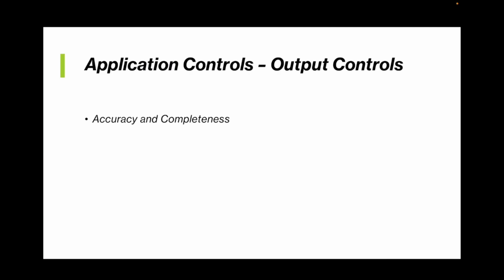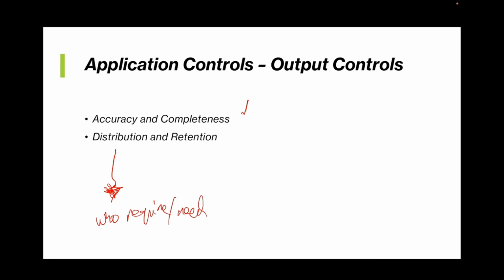Lastly, output controls. There are only two. That the output is accurate and complete. And then proper output is distributed only to those who require it or need it. So limited tayo sa role-based access control.